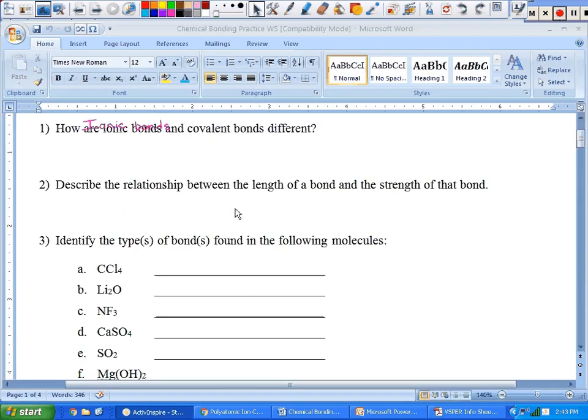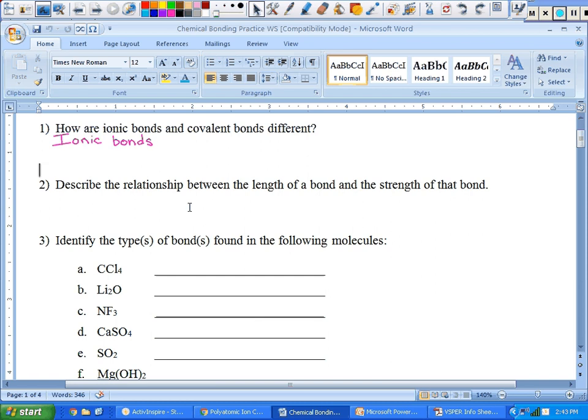Describe the relationship between the length of a bond and the strength of a bond. Don't say closer. Talk about length. The shorter the distance, the stronger the bond.